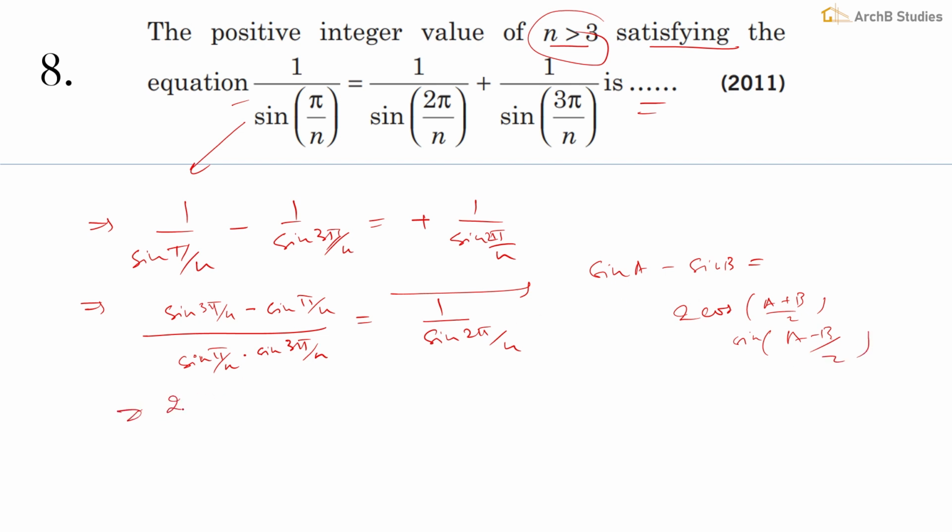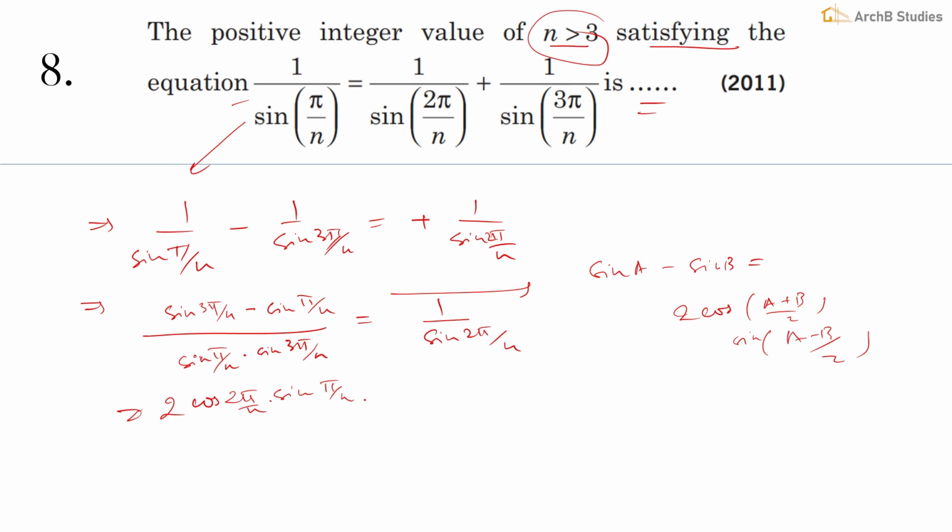Then we have 2 cos of 4 pi upon 2, it will be 2 pi upon n, into sine of 3 pi minus pi upon 2, so it will be pi upon n.